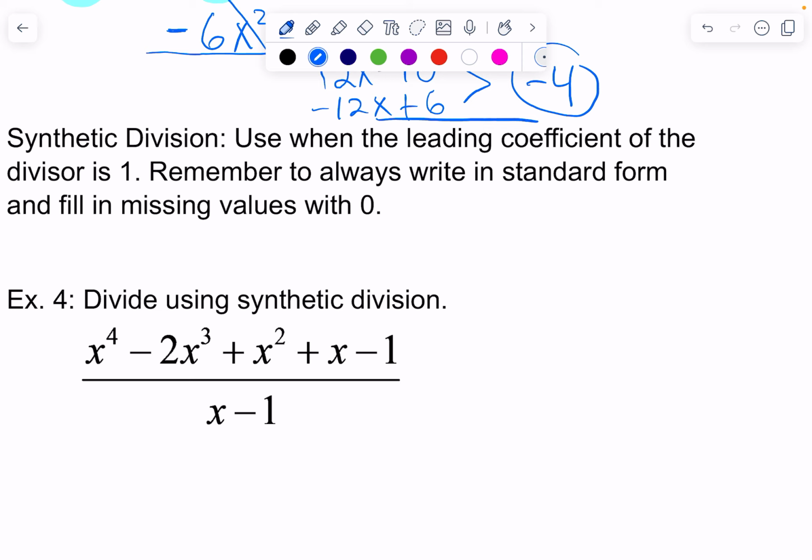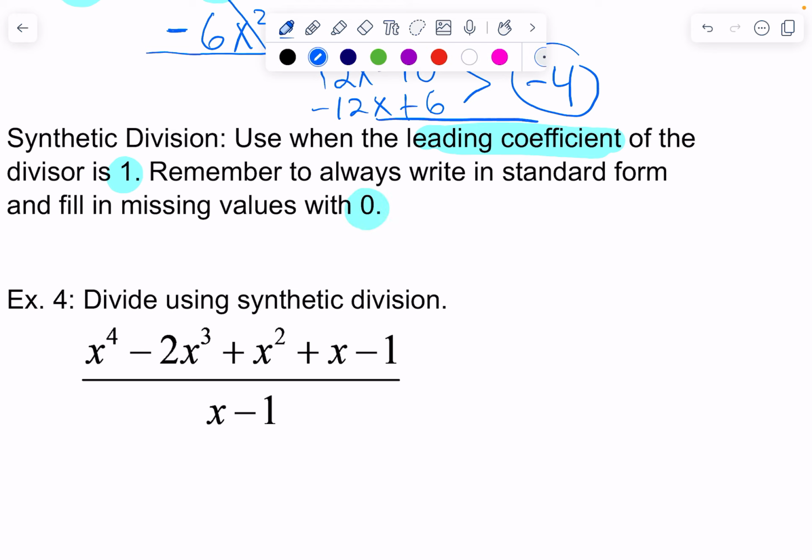However, you can use a very powerful way to divide called synthetic division, if and only if the leading coefficient of the divisor is 1 and the exponent is also 1. Remember to always write in standard form and always fill in missing values with a 0.